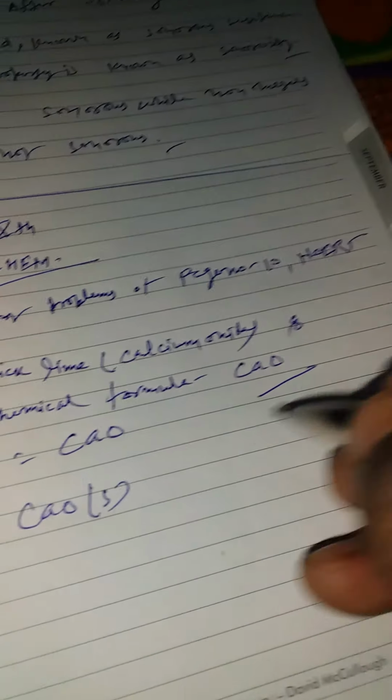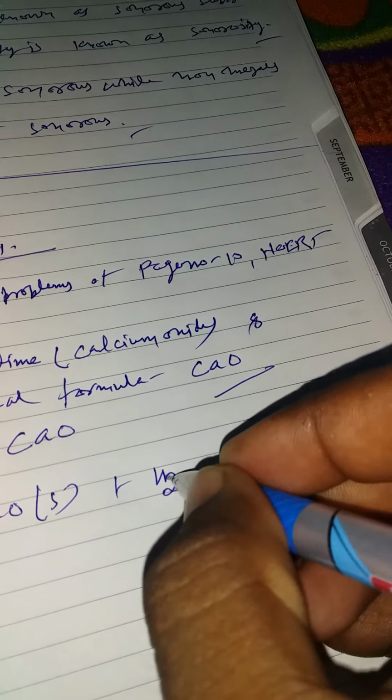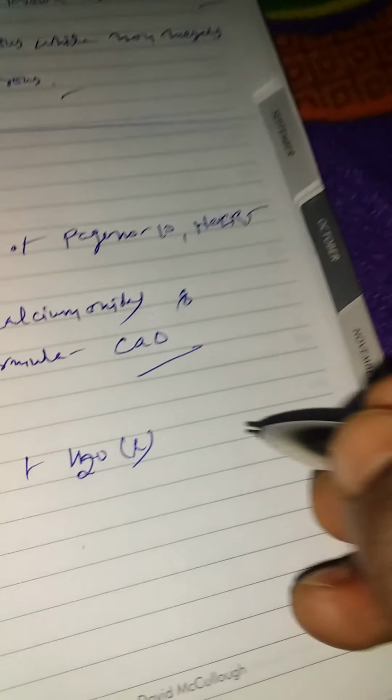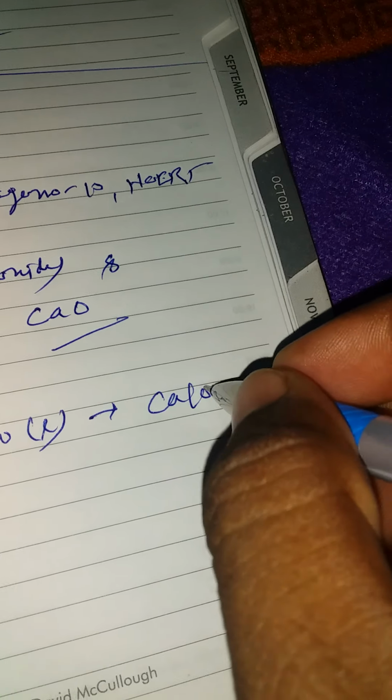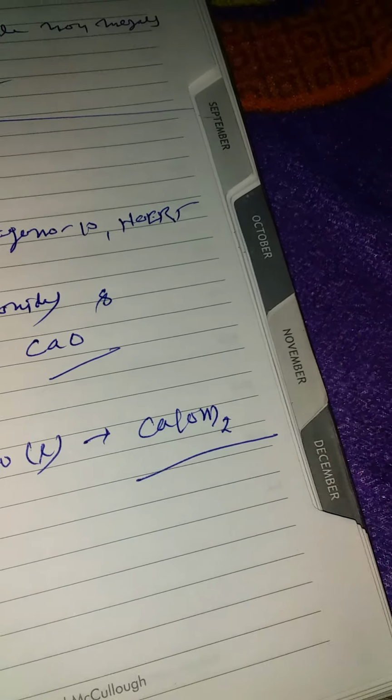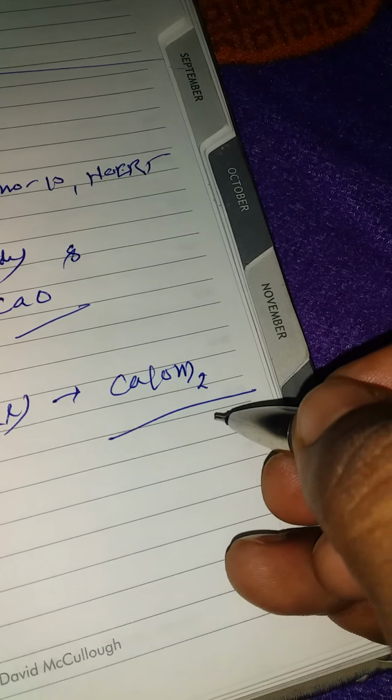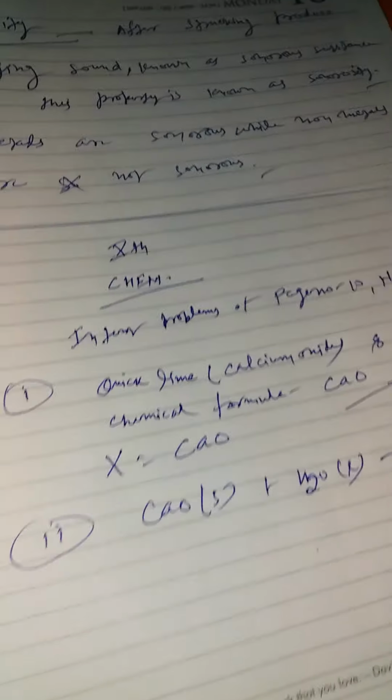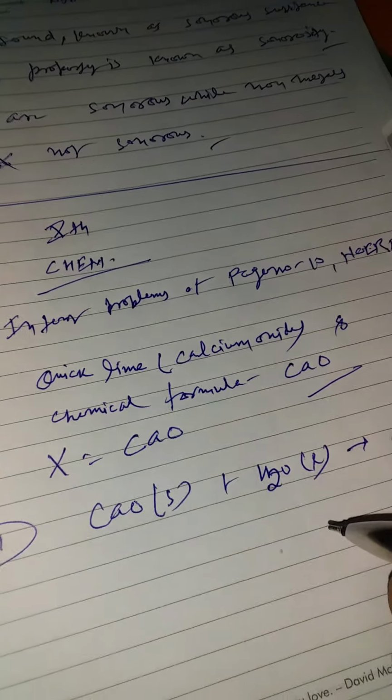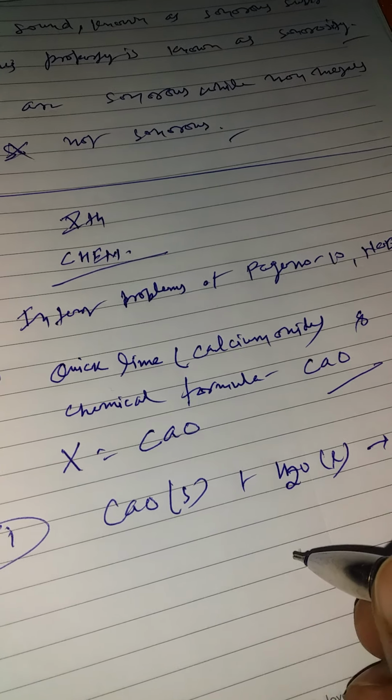CaO in the form of solid reacts with water in the form of liquid. It forms calcium hydroxide, also known as slaked lime. This question is based on combination reaction.